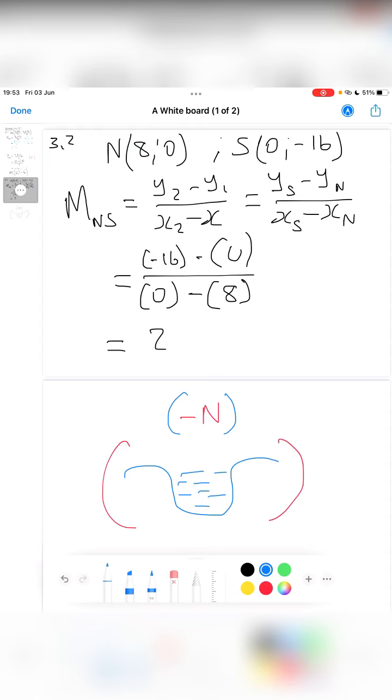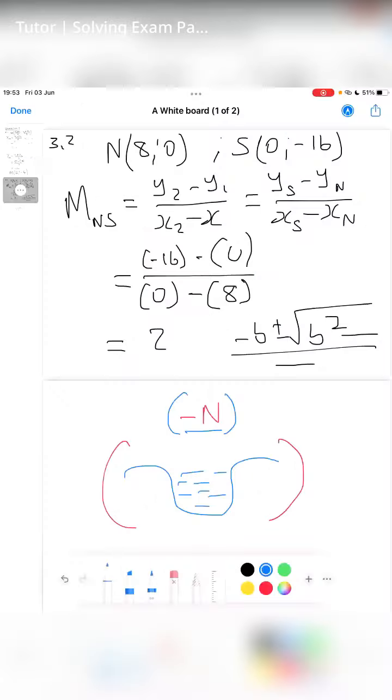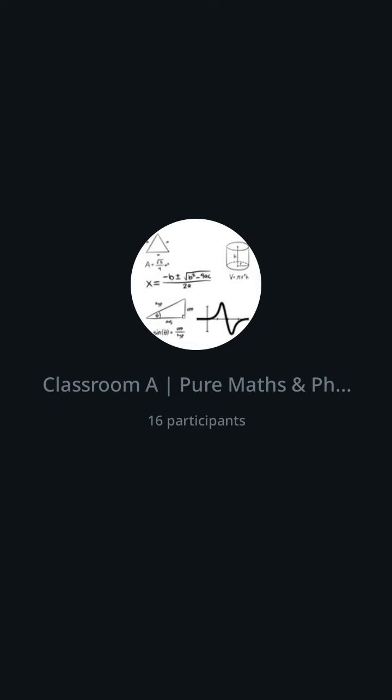The reason is that if you don't get used to putting them inside the brackets, when you're using this formula, negative b plus or minus the square root of b squared, whatever, over whatever, most of you make a mistake there of not substituting in brackets. So that's where you get bent and you're going to get 0 marks. We also use this formula to factorize. That means if you use it to try and find the factors, you will get bent.